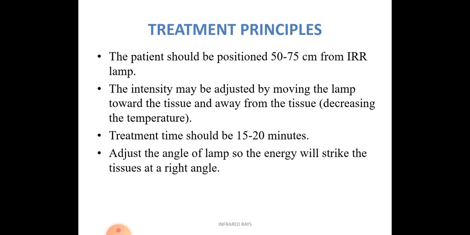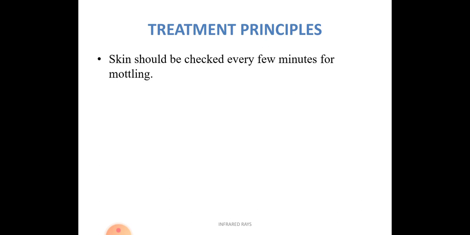Your lamp should be perpendicular to the tissue to be heated. At different intervals, after every few minutes, we should check for any mottling, meaning reddening of the skin. Clear? So that we can prevent burns if we see the mottling. Just by this warning sign, we can switch off the bulb.